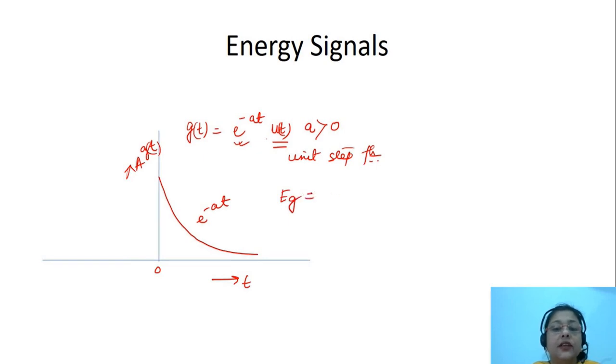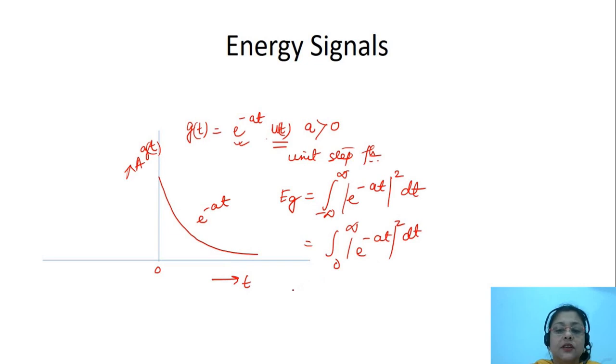Eg is given as, according to the equation, the integral from minus infinity to plus infinity of e to the power minus at whole square dt. Now since this is multiplied by u(t), we will have it from 0 to infinity of e to the power minus at whole square dt.